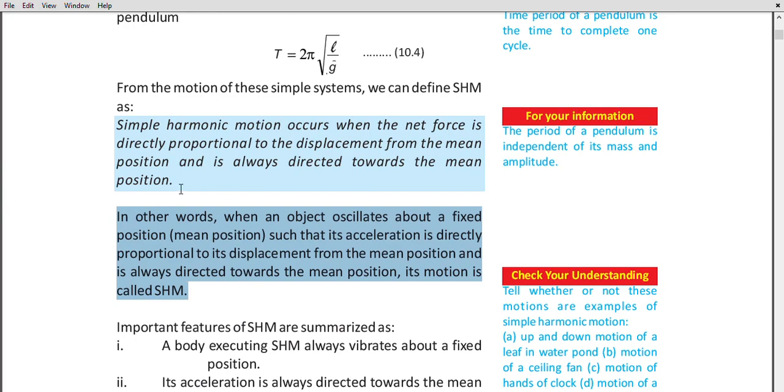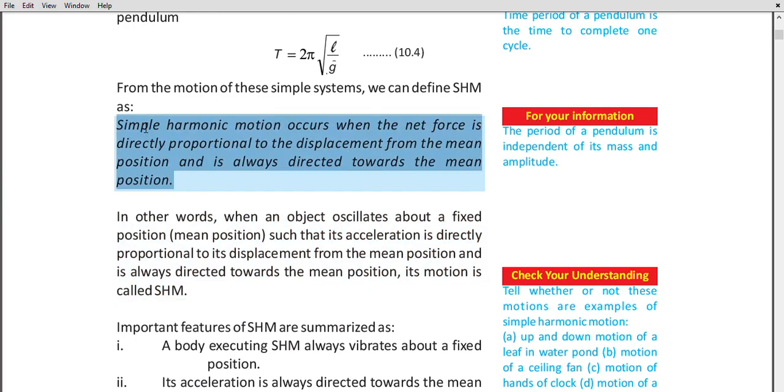The two main points of this motion are, first, that the net force or acceleration is directly proportional to the displacement of the body from the mean position, and second, that the acceleration or force is always directed towards the mean position.